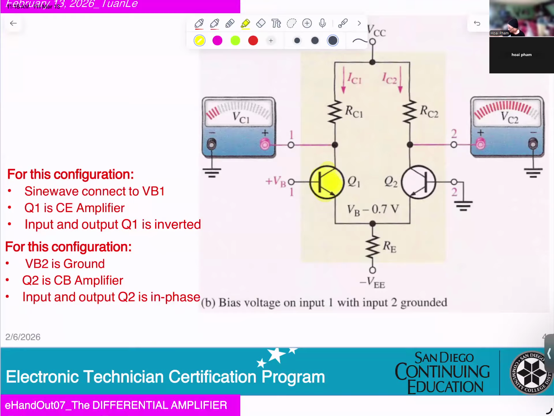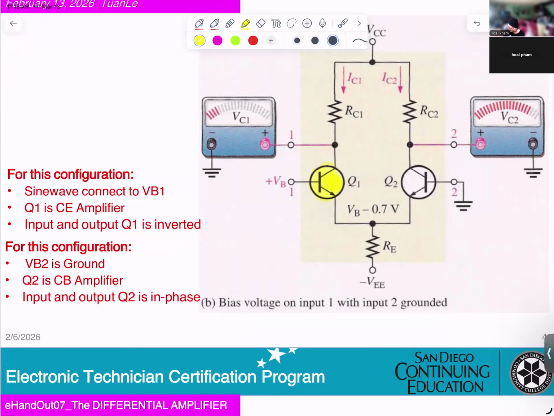Okay? So Q1 will be the amplifier. Input and output of Q1 are inverted. Okay? So they connect the input sine wave into the base of Q1.